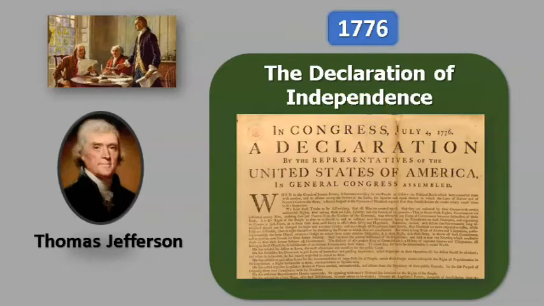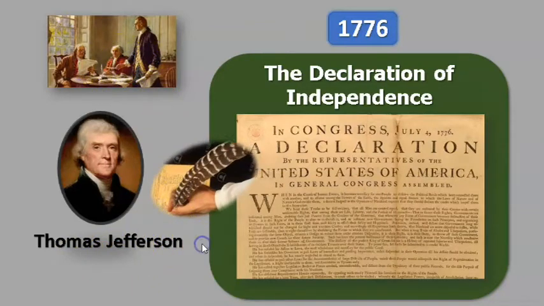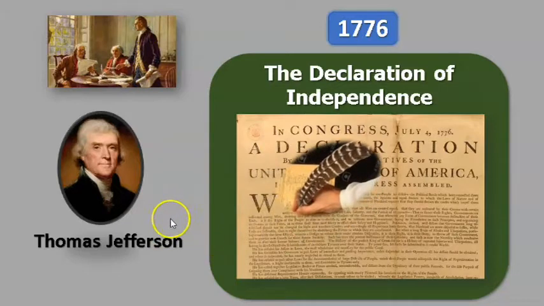This letter told everyone they were free from Britain, free from King George. Who wrote the Declaration of Independence? Thomas Jefferson was the main author. Other people helped, but mainly Thomas Jefferson wrote the Declaration of Independence.